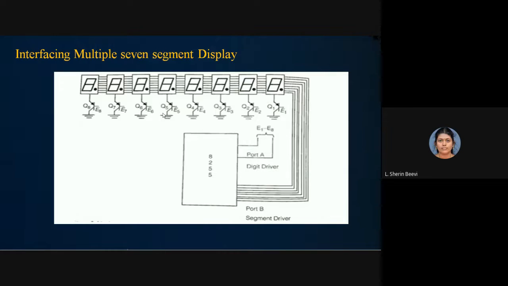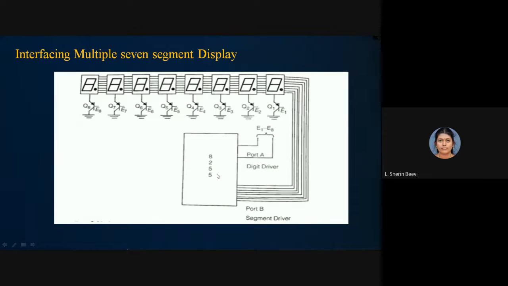Peripheral or external devices find it very difficult to communicate with the processor, so the interface can be used as middleware to communicate between external or peripheral devices and the processor. Here the multiple 7-segment displays are the peripheral devices and the 8086 acts as the processor.